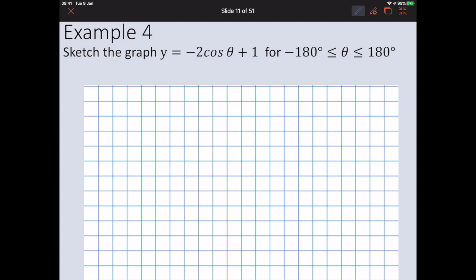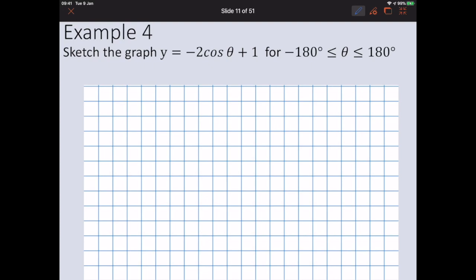Let's have a blue pen. So let's draw some axes, but again, we need to think about the size of the y-axis. We know that the maximum value for cos is 1 and the minimum value is minus 1. We multiply through by minus 2. We're going to have to go up to 3 at some point.